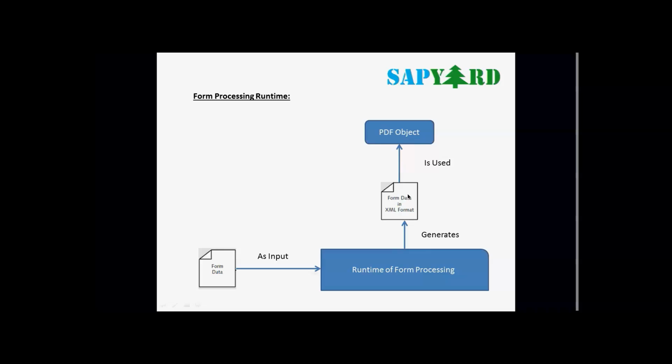But as you know, the PDF is not only about the data, it also needs a layout or template. If you don't design any layout, or you don't define any UI element in your PDF, only data will not be helpful there.